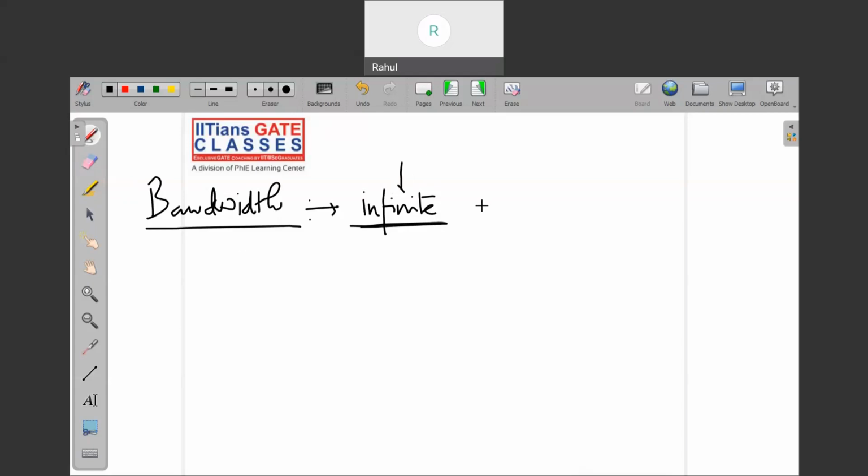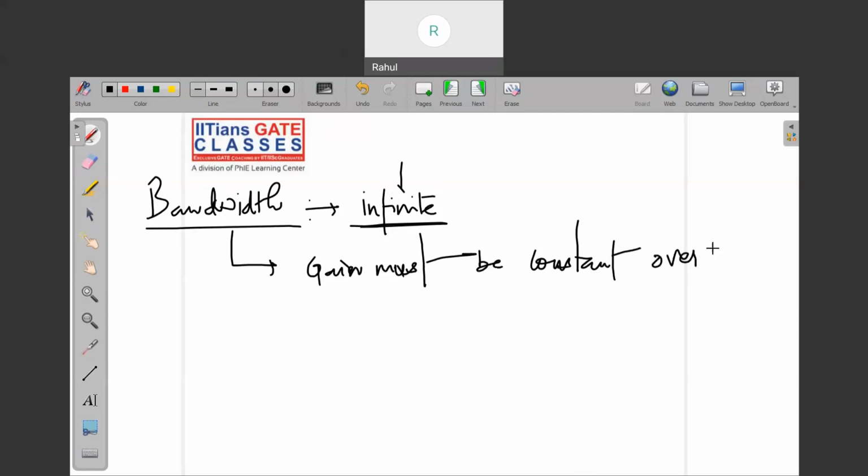The meaning of infinite here is that the bandwidth should be high for the ideal op amp. That is, the gain should remain constant over a large range of frequency. Then you will say that the bandwidth is infinite for that ideal op amp.